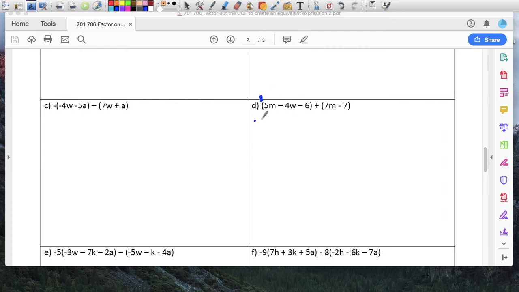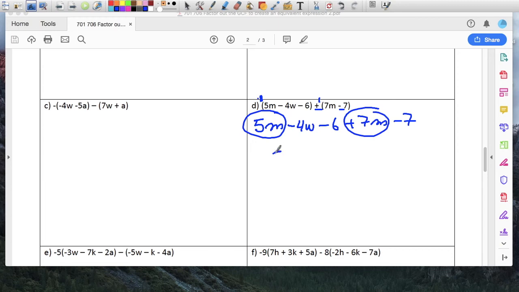There's a 1 here. Right? 1 times 5 is 5m. Positive times a negative is negative, and 1 times negative 6 is negative 6. So they come out exactly the same. Plus 1 times 7 is plus 7m. Positive times a negative is going to be negative 7. Combine some terms here. 5m plus 7m is 12m. Minus 4w, right?